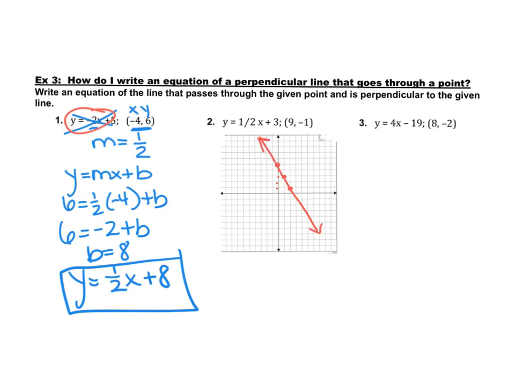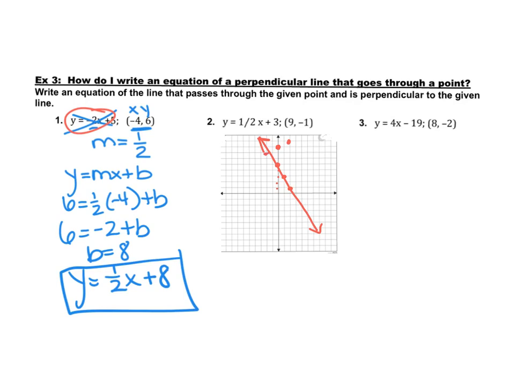Then we have the equation y is equal to 1/2 x plus 8. This one we're starting at the 8, and we're going up 1 over 2. So I'm just going to bring it down 1 over 2.